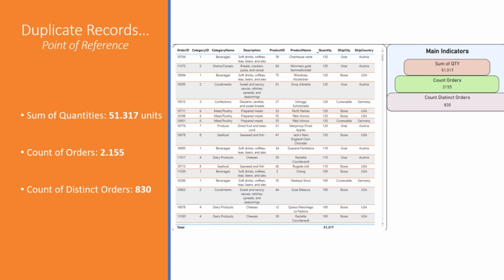Then we have the duplicate records, which is another big problem that I faced in my previous jobs. When we're working with different tables and we try to answer different questions from our boss, our manager, or different stakeholders, we don't pay much attention to what tables we merge to what tables to have the whole picture.